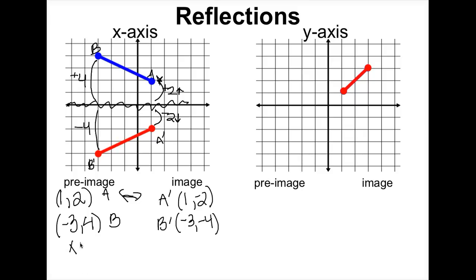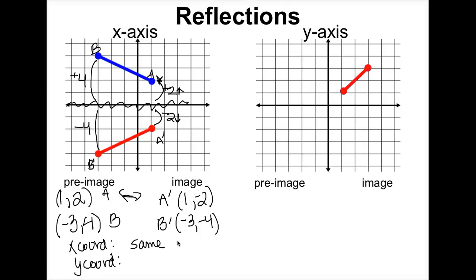Okay, so what happens to the x coordinate? X coordinate stays the same. The y coordinate, now the first thought is, okay, well if it's a 2, it becomes a -2, it becomes negative. Well now what happens if we reflected the other way? If it was at a -2, the new point would be at a +2.